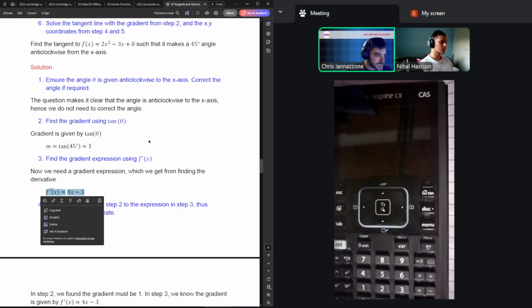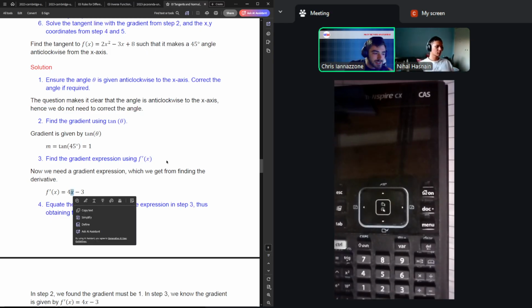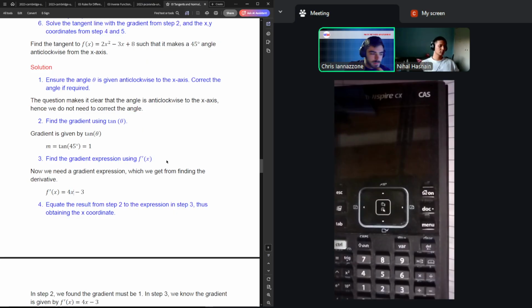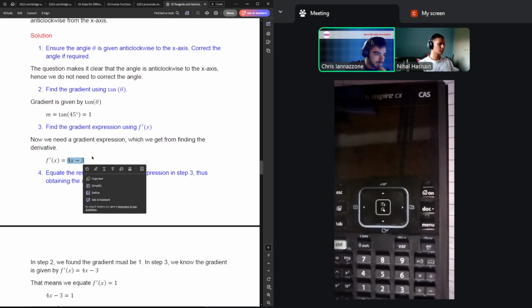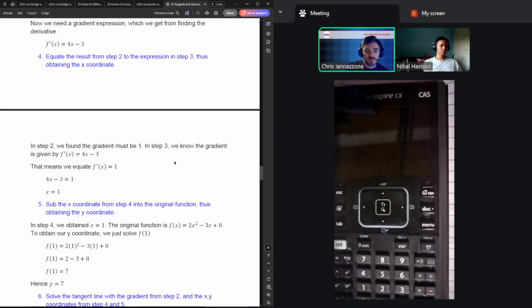Well, f dash x, all roads lead back to derivative, essentially. Take the derivative. This is gradient with respect to x, which for our case, because we're trying to find gradient at a point, that x value is going to be the x-coordinate of that point. We have our gradient, we have our derivative, smash them into each other, you get the x value for which you want to take your tangent at.